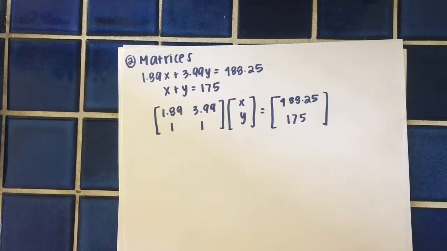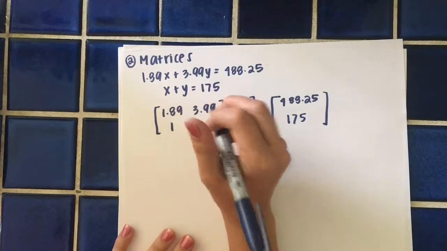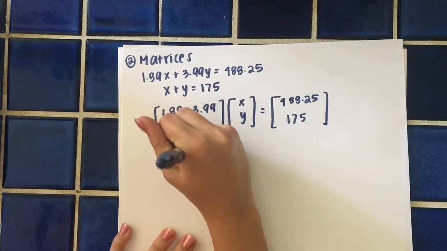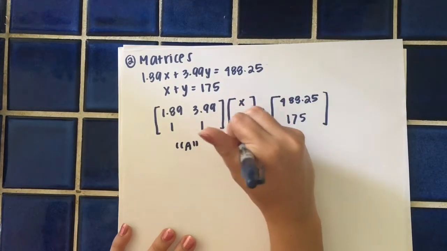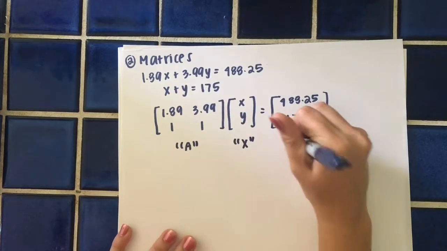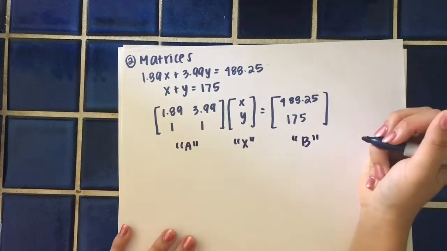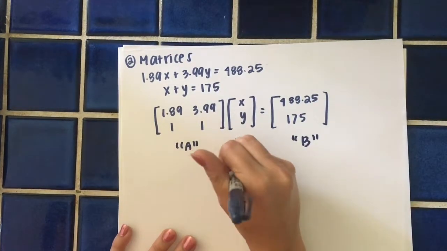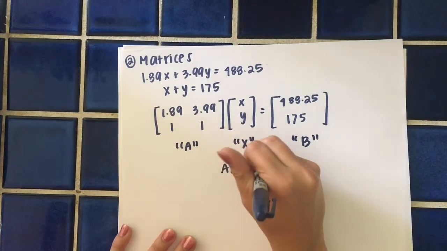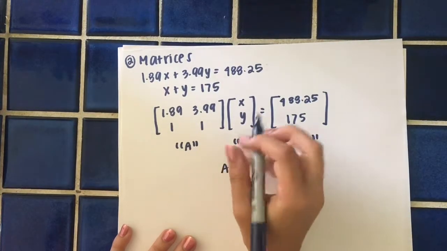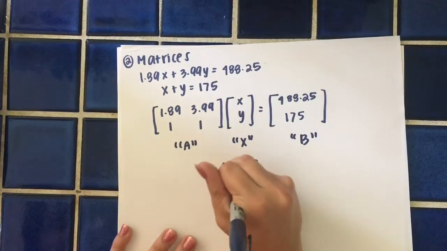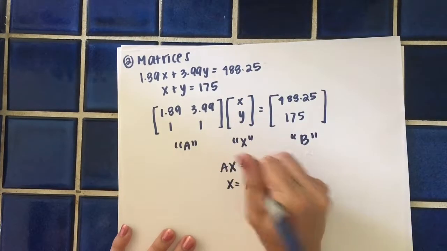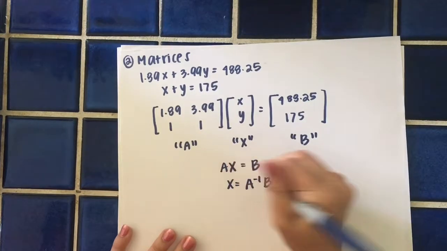Now, let's call this matrix A, this matrix X, and this matrix B. It would be AX equals B. In order to solve for X and Y, X would have to equal the inverse of A times B.